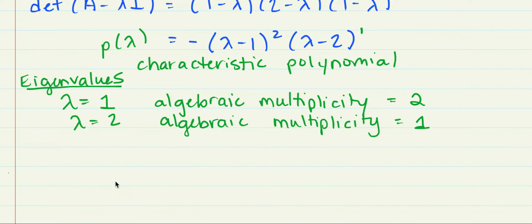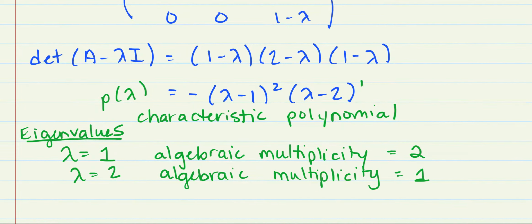Okay, now we have the eigenvalues. The next thing we want to do is find the eigenspaces. Once we have the eigenspaces, we can find the geometric multiplicity, which is just the dimension of the eigenspaces. So let's erase this piece.